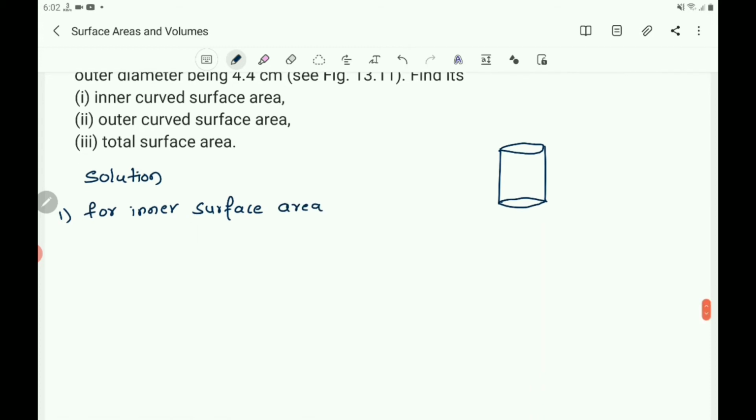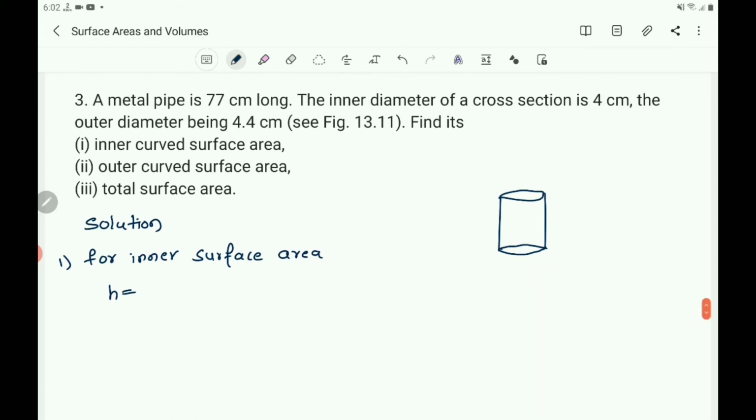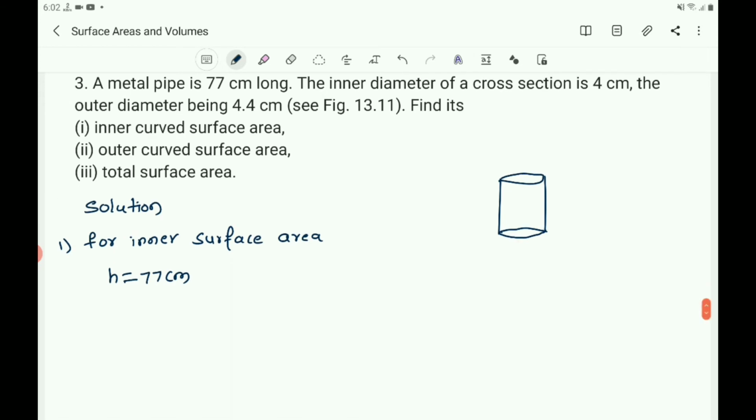what is given here, h is the same, h equals 77 centimeter, and the inner diameter is given, that is how much, 4 centimeter.